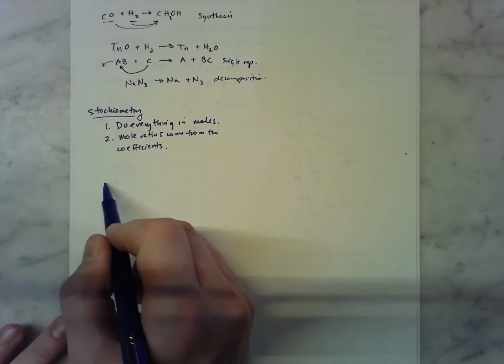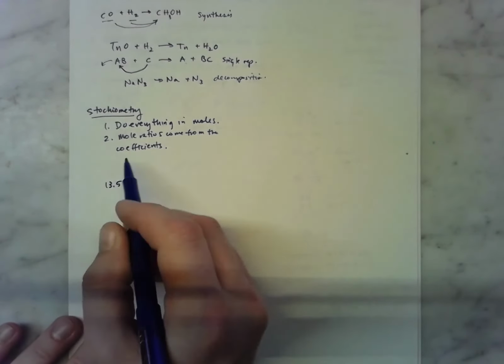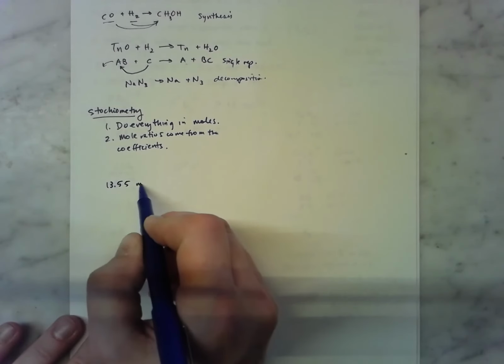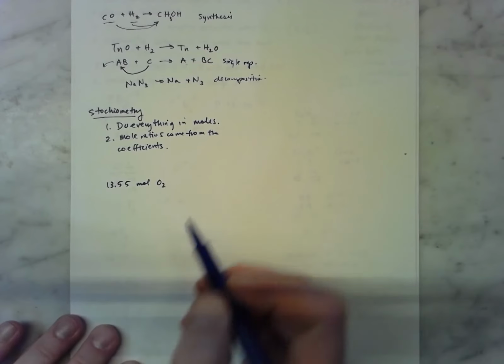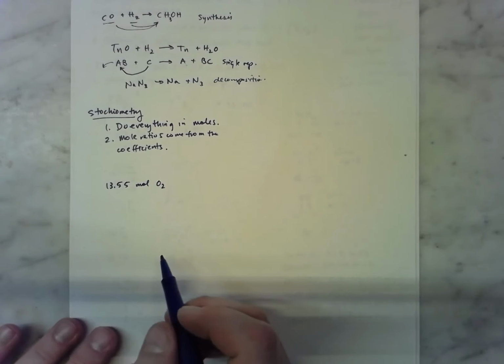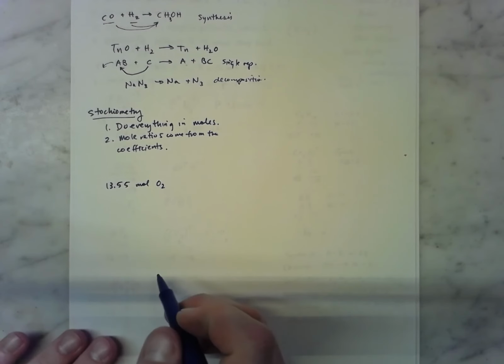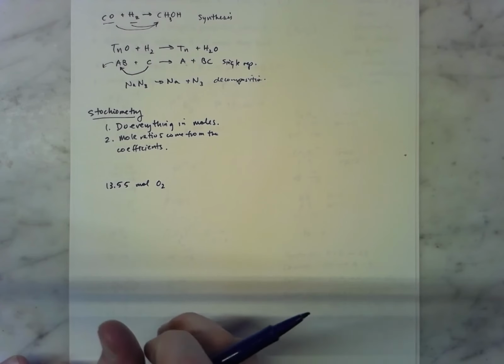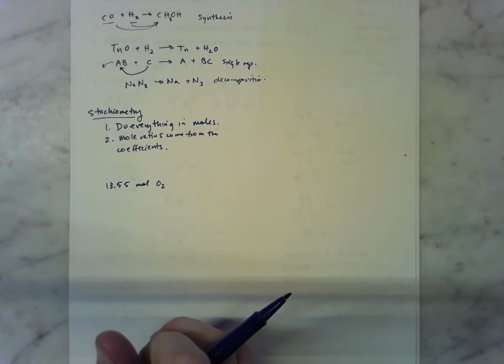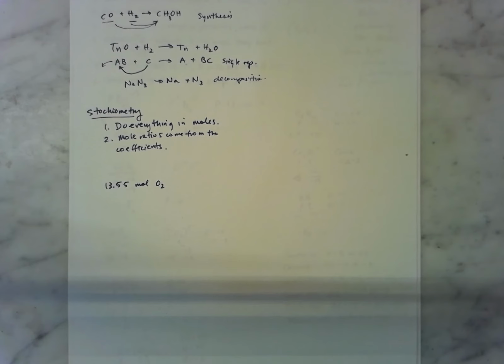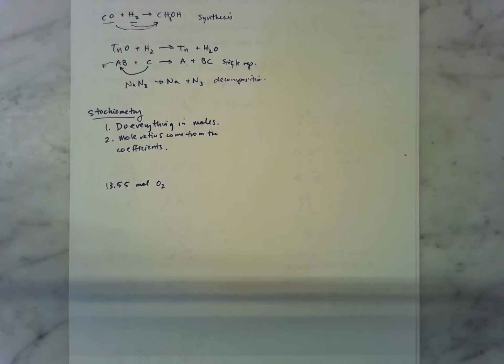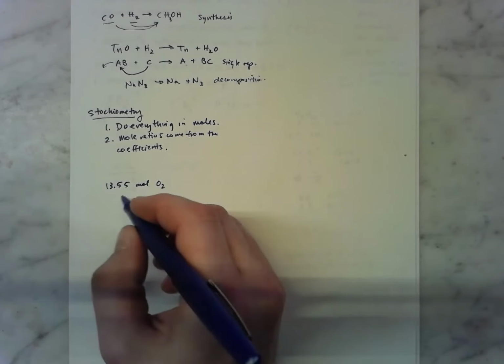We have 13.55 moles of O2 with propane, C3H8.